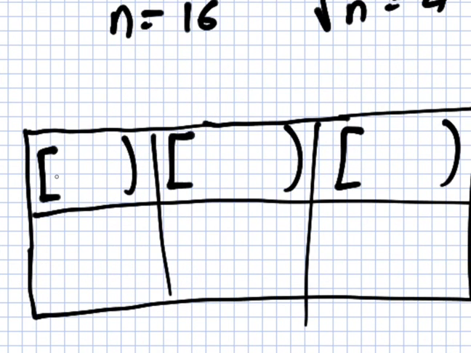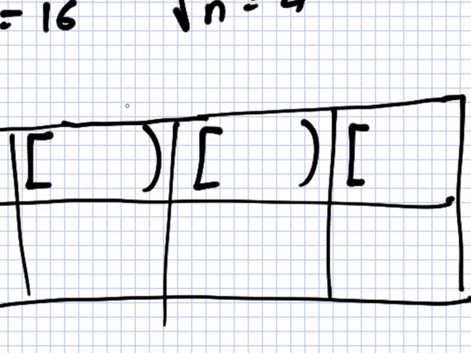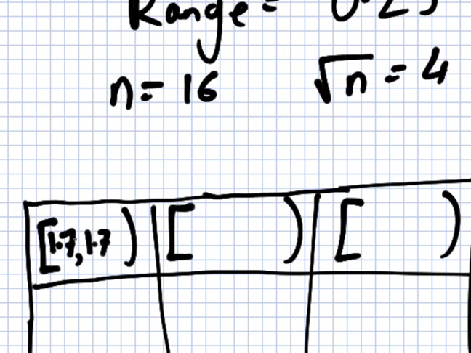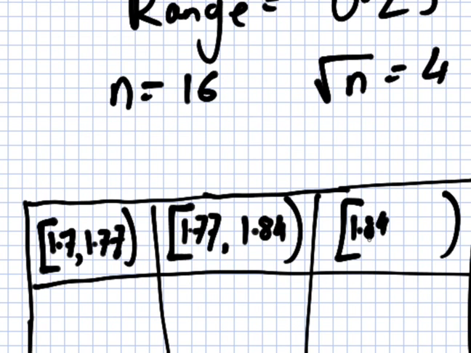Here it will be 1.7, instead I'm going up in 7s. So 1.77 to 1.84. 1.84 to 1.91.